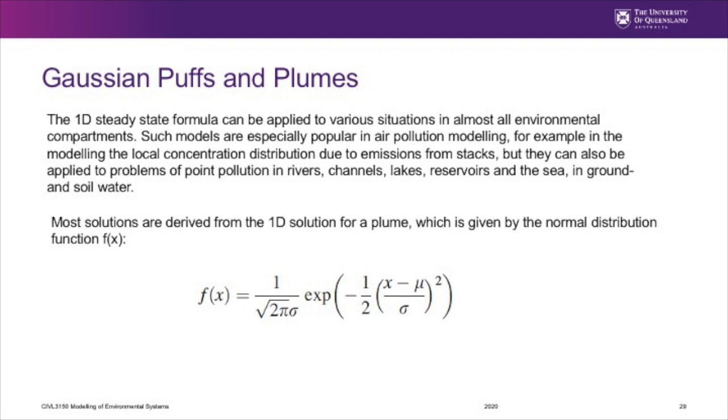So most solutions are derived from the 1D solution for a plume, which is given by the normal distribution function. This is a generalization, and it can take different forms. This is one of the forms of the Gaussian that can describe a Gaussian distribution.